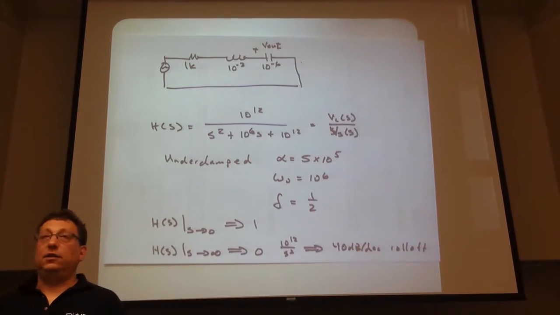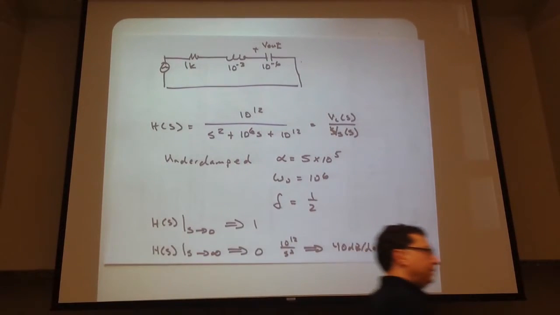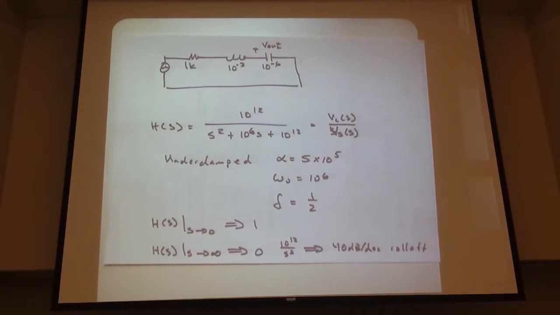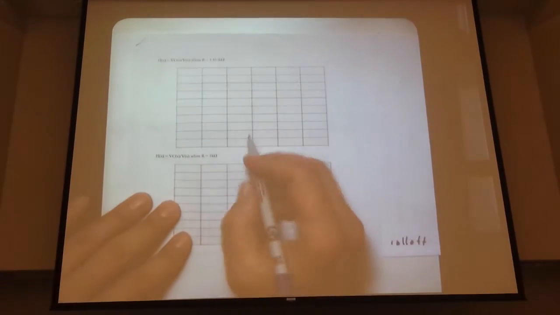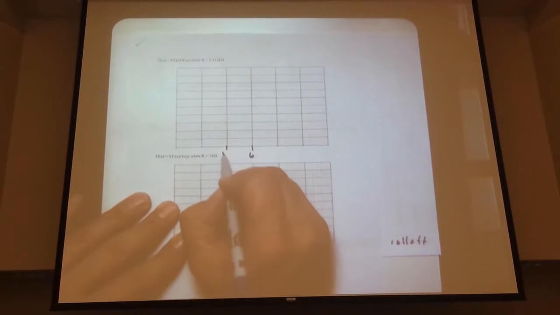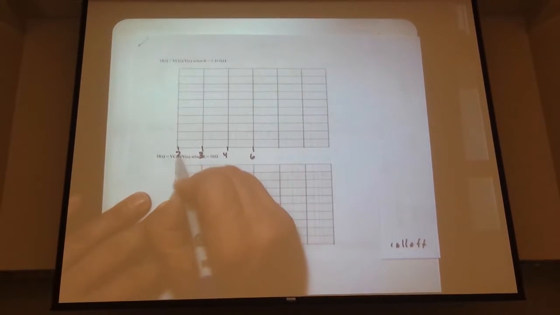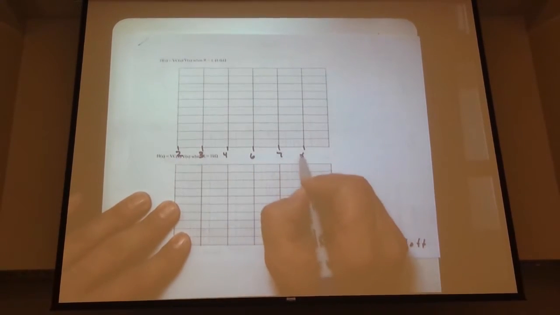So in the limits, our straight line approximation is accurate. And so I can go and put up our Bode plot.